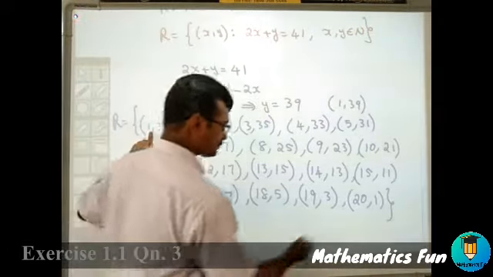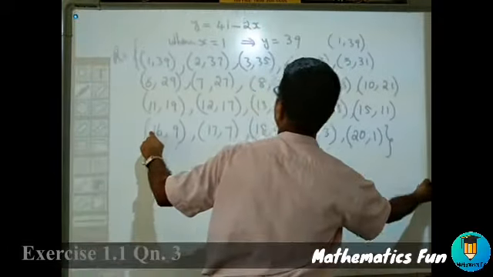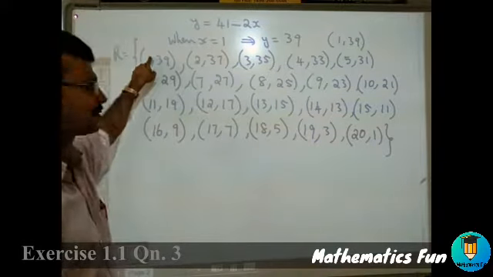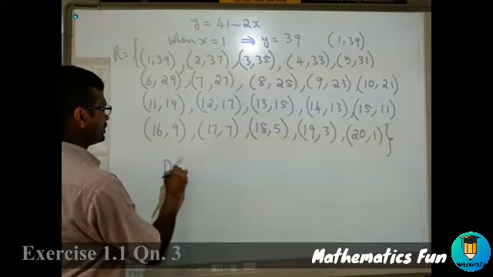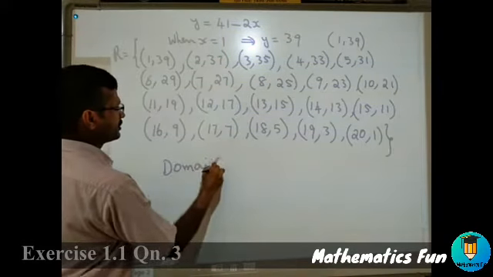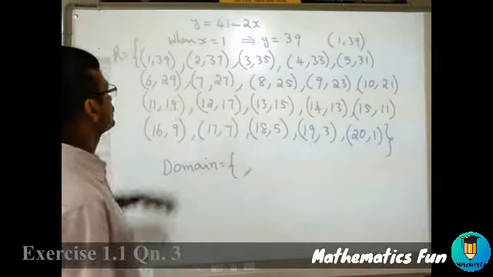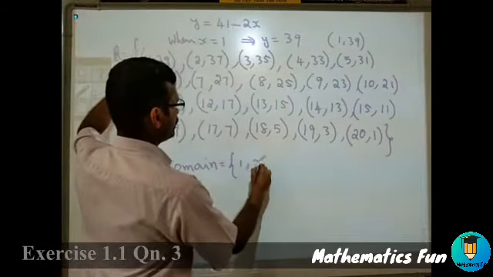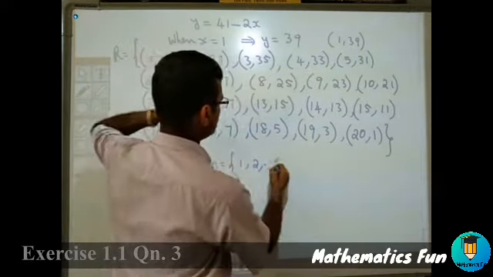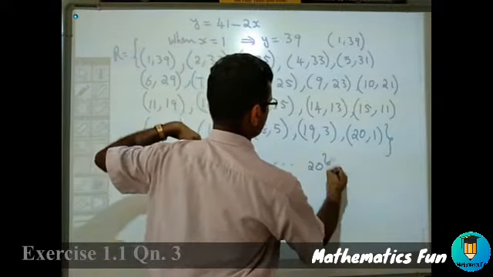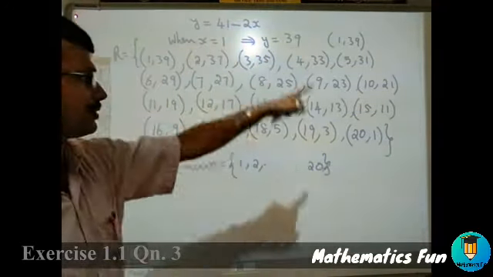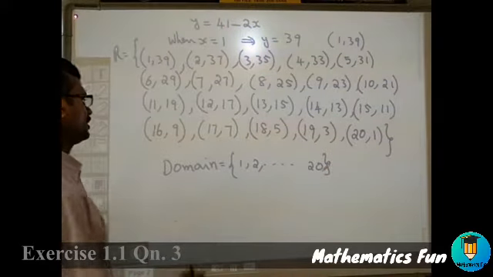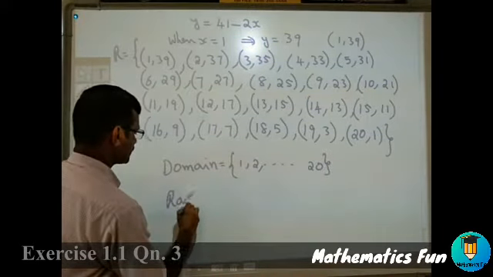For the domain, we go for the collection of all x coordinates, that is, the first components. The domain is 1, 2, and it goes till 20. That is the collection of all first components. And now what is its range?